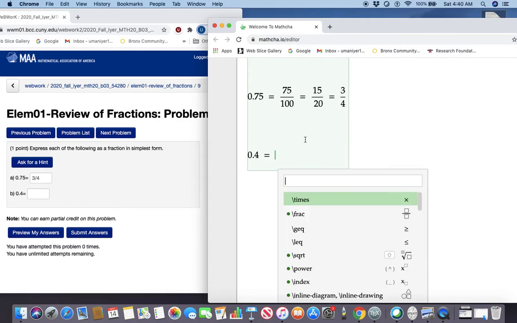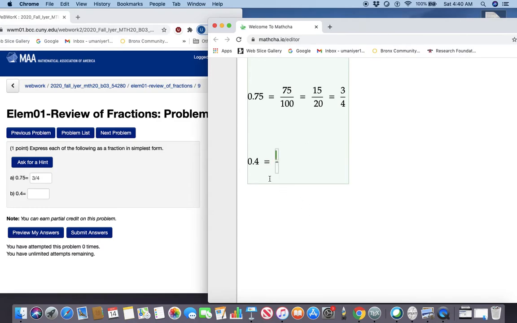Okay. Likewise, the next one, 0.4. So it is a fraction. So notice after the decimal, I have only one digit. So I have 10. 1 0 for each digit after the decimal point. Now ignore the decimal point. What do I have? 0, 4. That is simply a 4. Okay.